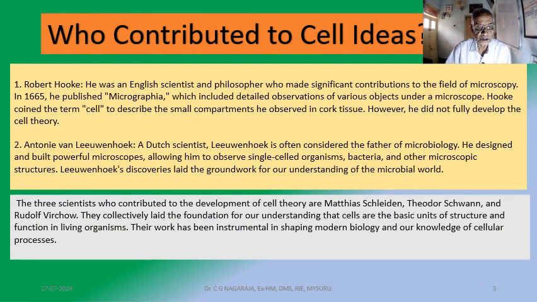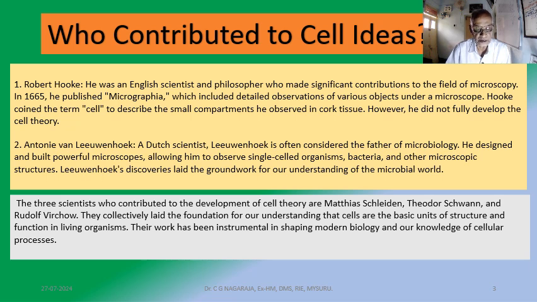A question always comes to the mind: who are the people who generated the ideas of the cell? And for that, the only answer we get is two persons, Robert Hooke and Leeuwenhoek, in the early 16th century.